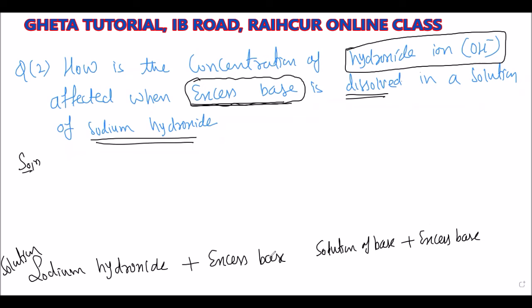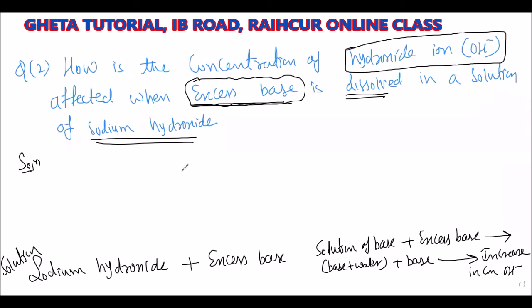Then what will happen? There is an increase in the concentration of OH minus ion. Here the solution means base plus water is present. Again you are adding the base. When the base is added, what will happen? Increase in the concentration of hydroxide ion.